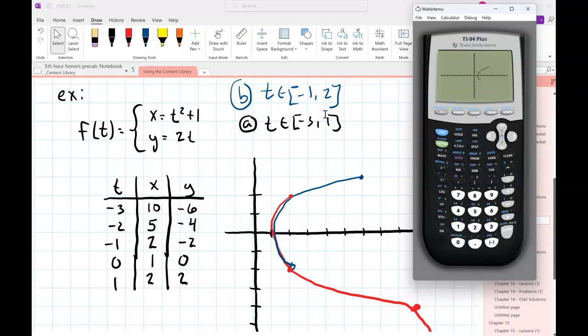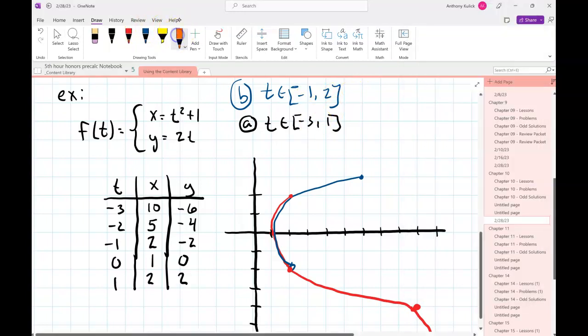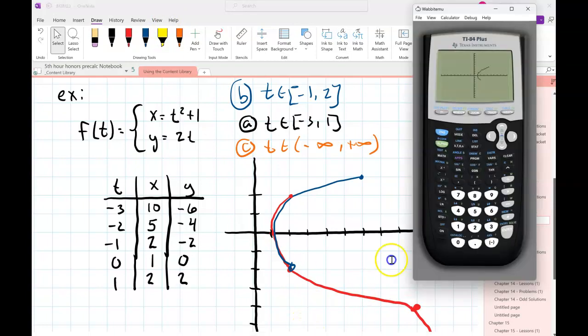You guys kind of see what's happening? Can we guess what the shape of this thing would look like if we just did it for all real numbers, for t being -infinity to +infinity? What's it looking like? Like a sideways parabola is what I think.